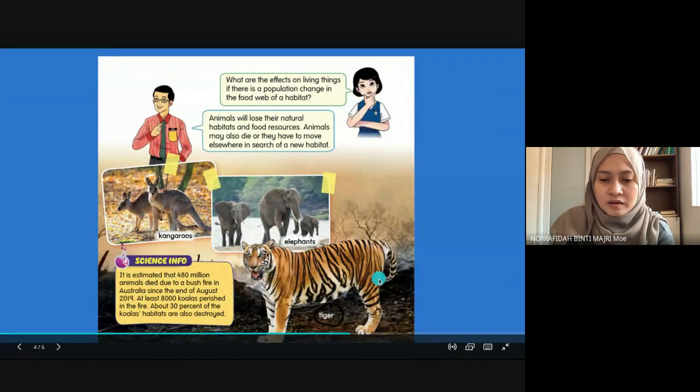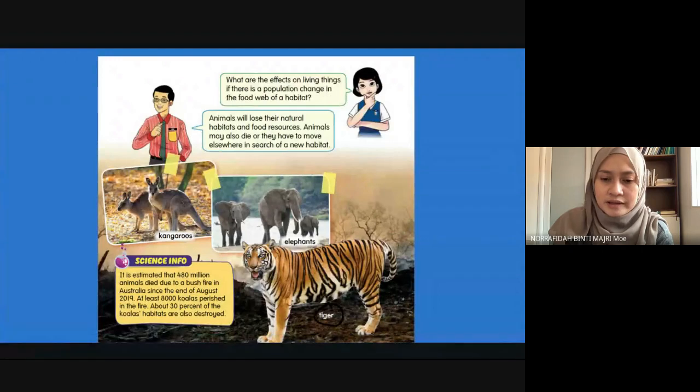For example, in Malaysia we have Malayan tiger. Malayan tiger is almost extinct. Dia hampir pupus sebenarnya. Dia tinggal sikit lagi. Mungkin akan datang, dia mungkin tak ada lagi. So in the future, maybe the future generation cannot recognize the tiger.